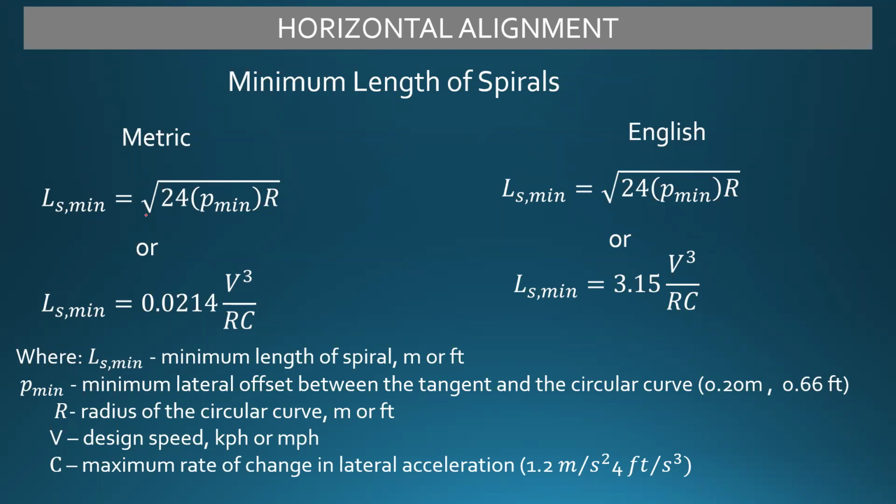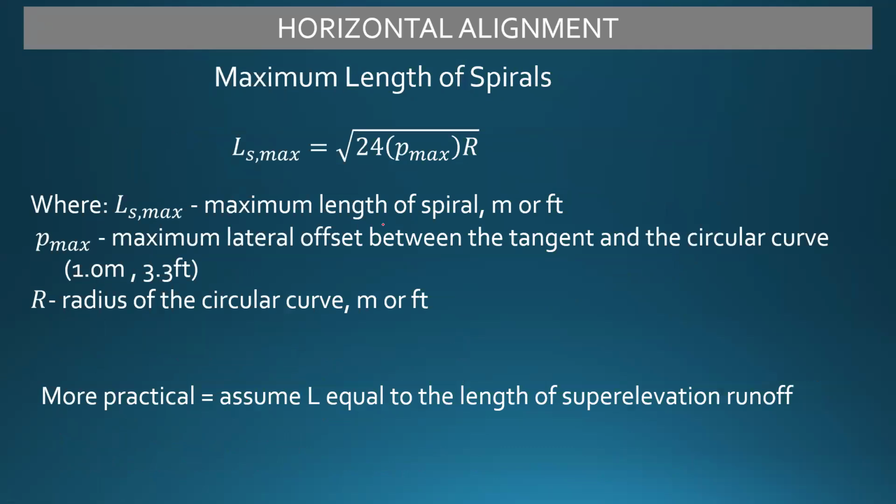Also use this formula: L equals the square root of 24 P min times R, where P min is the minimum lateral offset between the tangent and the circular curve. For the maximum, it is the square root of 24 P max times R. More practically, assume L equal to the length of the superelevation runoff.